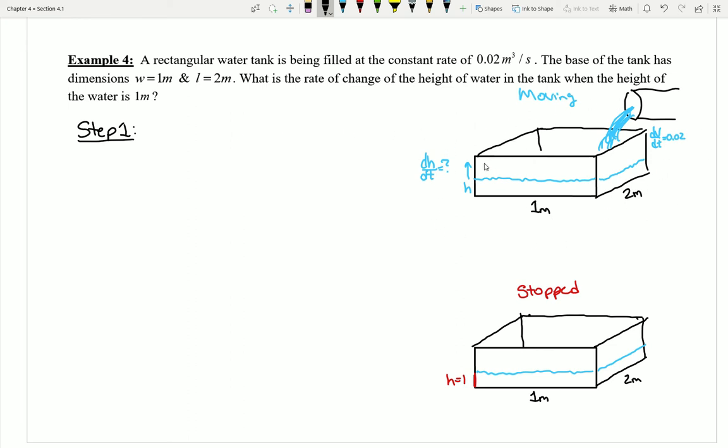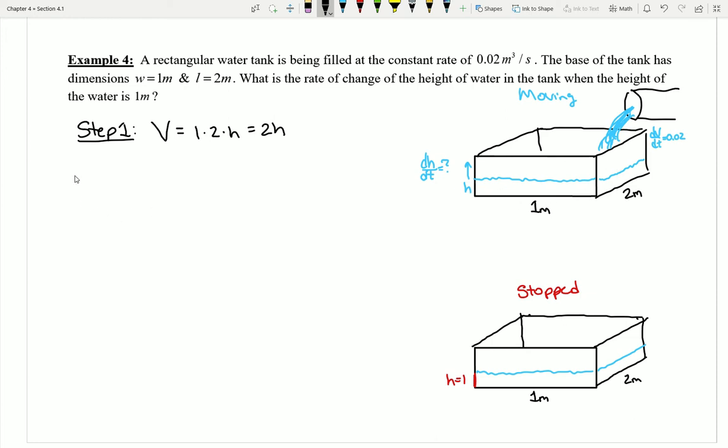Really, the only variables that I'm working with are this h and this V. Well, this actually isn't too tough. I know that V, the volume of this water, could be given by 1 times 2 times h, or really just 2h, right? I'm just doing length times width times height. That would be the volume of that water in there.